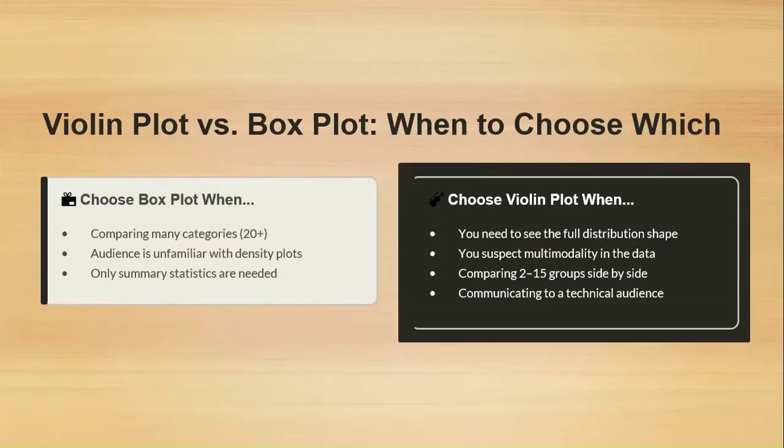Violin plots are better when we want to examine the complete distribution shape in more detail. They are particularly useful when we suspect multiple clusters, skewness, or unusual patterns in the data. So, the choice depends on the level of detail needed and the audience we are communicating with.